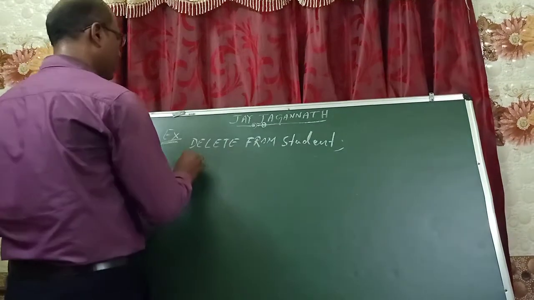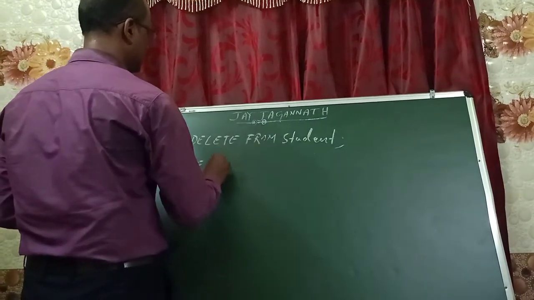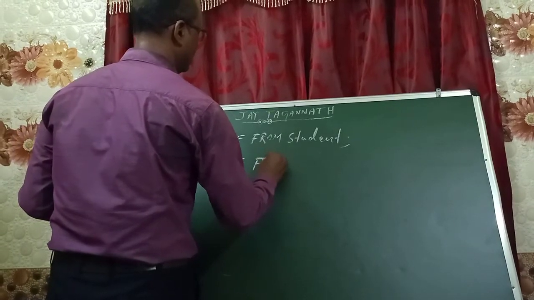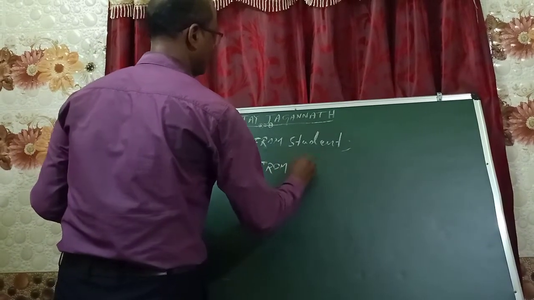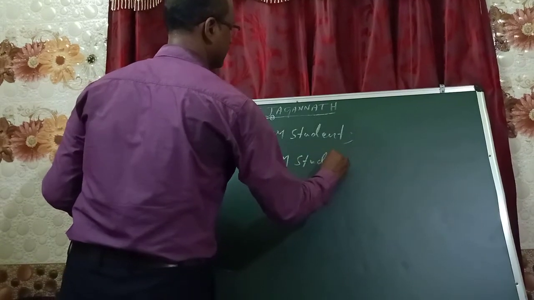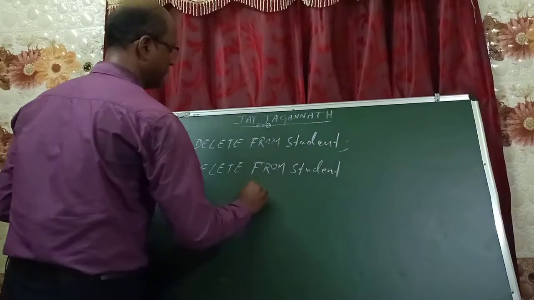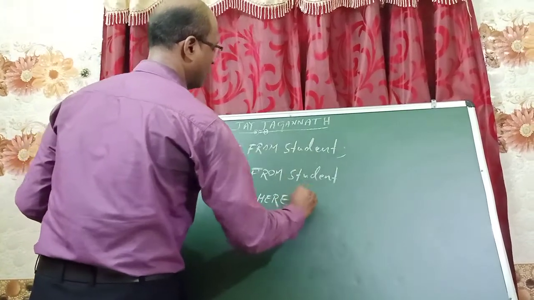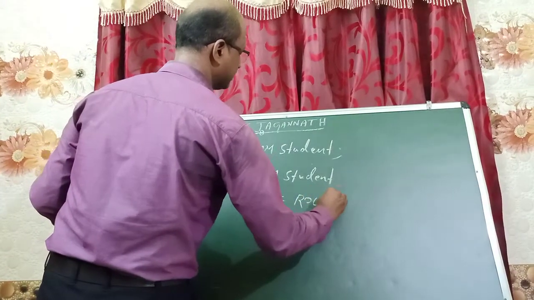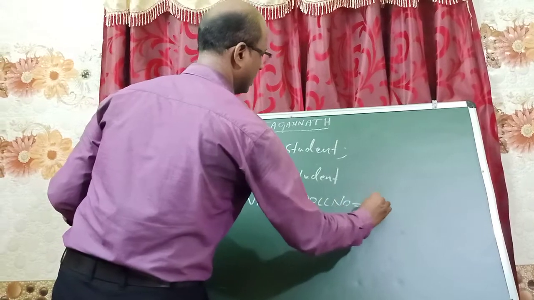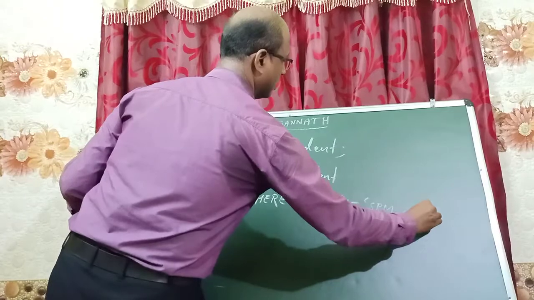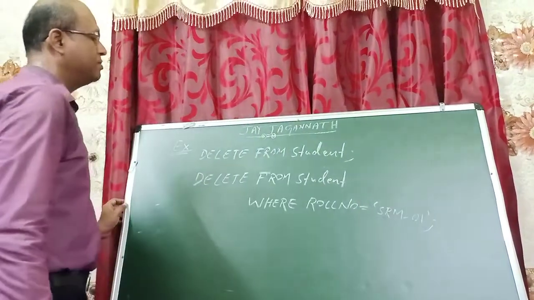But if you want to delete conditionally, then delete from student where roll number equal to SRM 01.